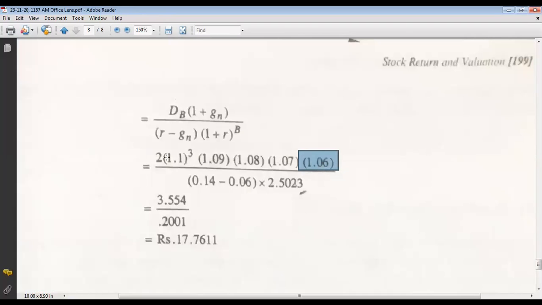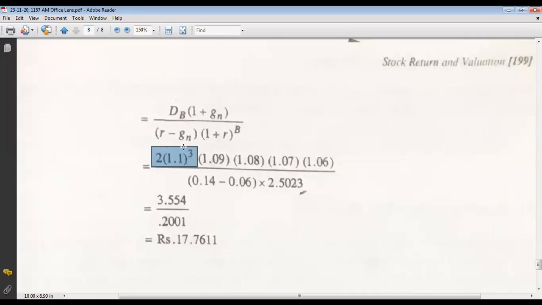So can you see this numerator here? The formula says dividend at the point where stage B completes. Dividend at the stage wherein the second phase completes, or stage B completes. When is that going to complete? It's going to complete when this part is done.